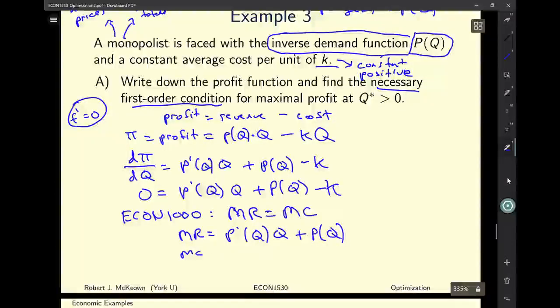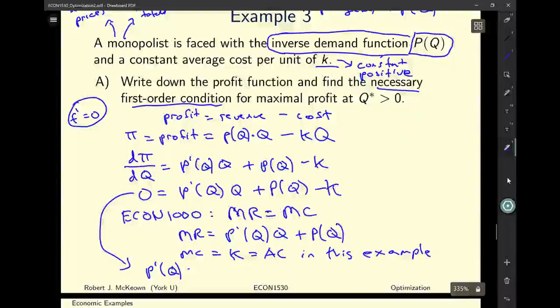And marginal cost is just equal to K, which also happens to be equal to average cost. In this example, it doesn't have to be, but in this example it is. And so we could rewrite this expression as marginal revenue is equal to marginal cost.